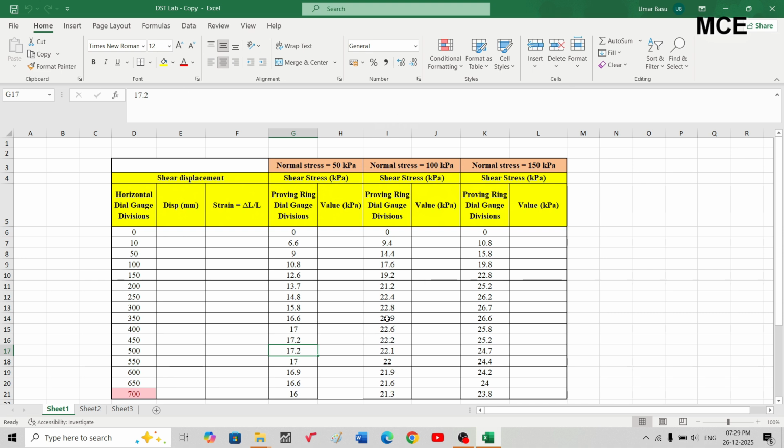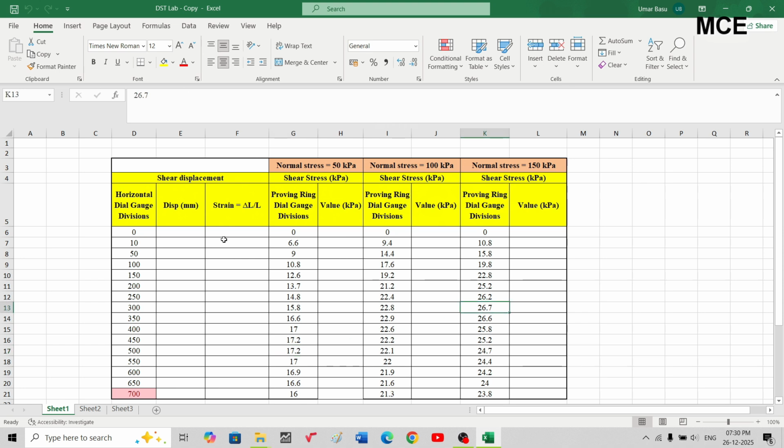It's the peak value, which is the shear force at normal stress of 100 kilopascal. And for 150 kilopascal, after 26.7 the values have started decreasing. It means there is the failure of the soil.